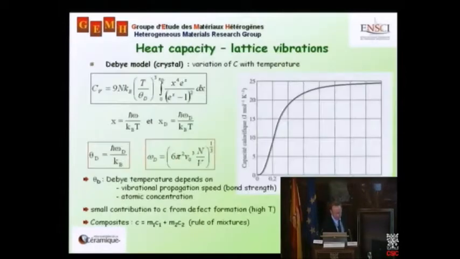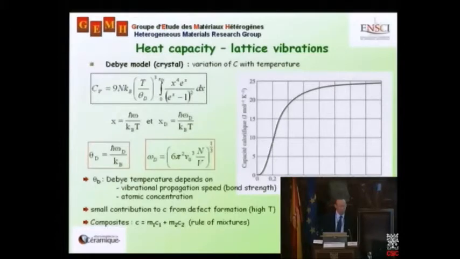So if we look briefly at heat capacity, in a solid it is basically dominated by lattice vibrations. We can use the well-known Debye model, which describes how the heat capacity varies with temperature. It starts at basically 0 at absolute 0, and then increases to a constant value, which is the classical limit.